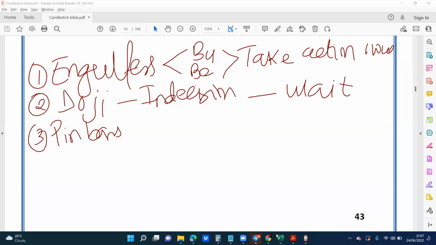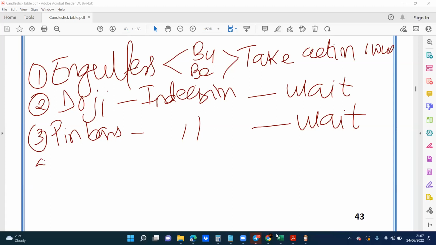That's where we have the hammer and the likes. In the pin bars, again, is an indecision candle. And what do we do? We wait. In fact, I shouldn't shorten this. I should write it fully. We wait.